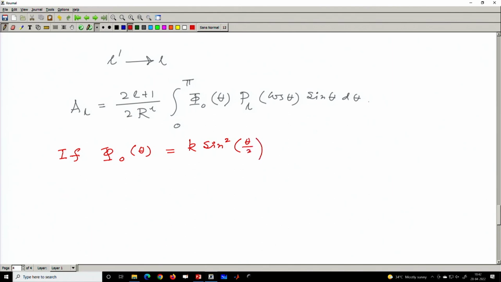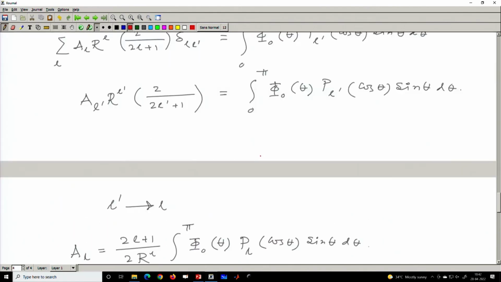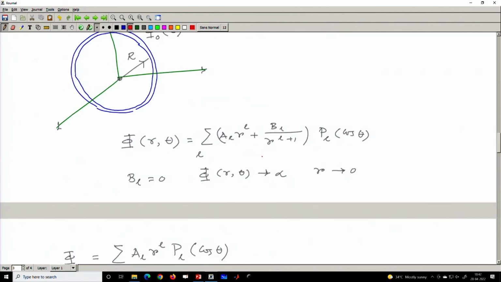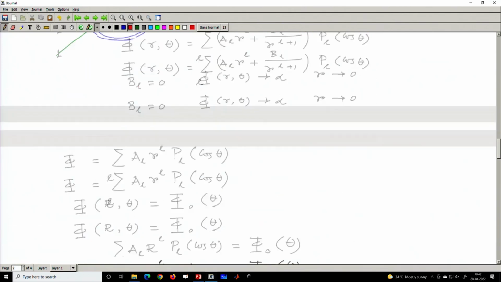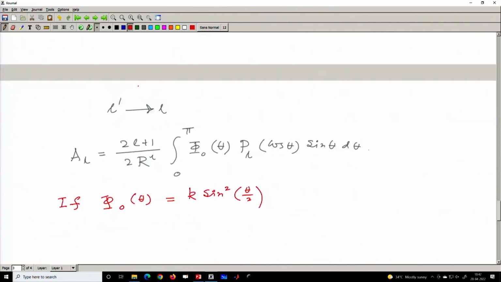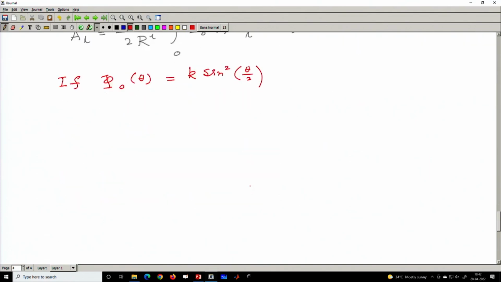So, that is the value of the potential over this surface, and it is a function of theta. So, if you change the value of theta, the potential will change. From here you can see that when theta is 0, the potential is 0, but when theta is say pi, the potential is k, and so on. So, there is a variation of the potential on the surface.